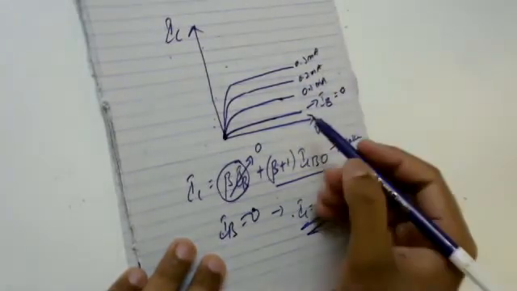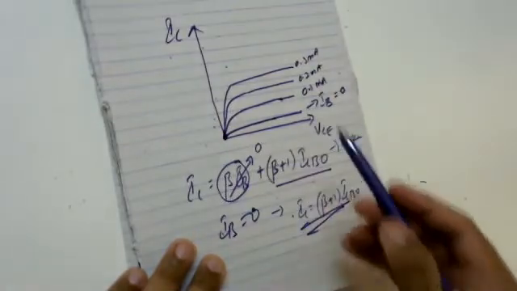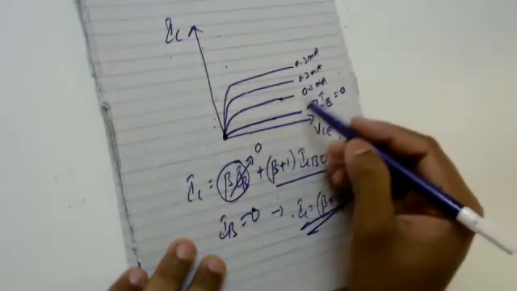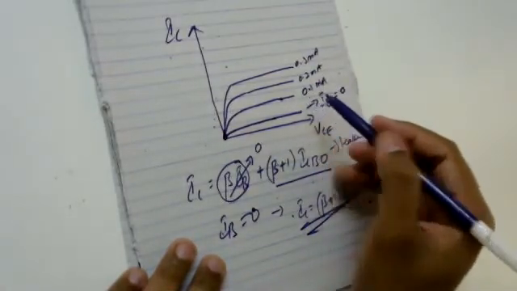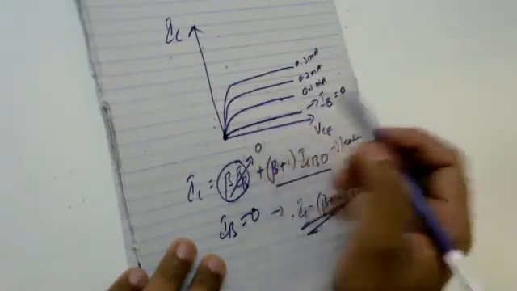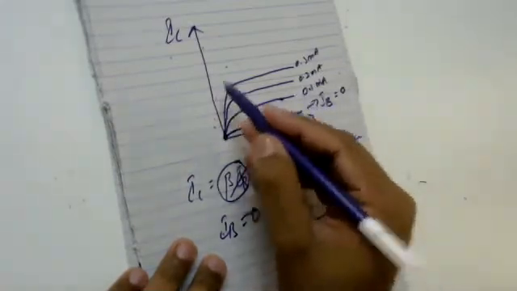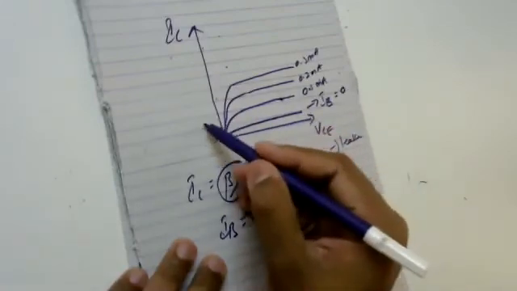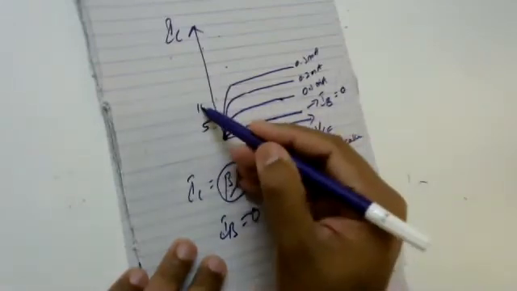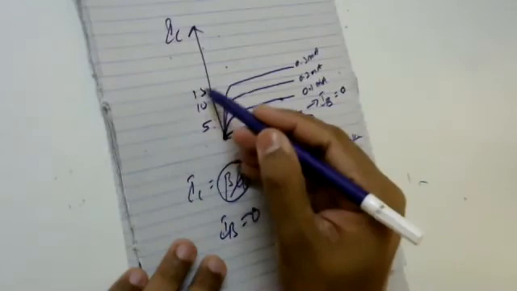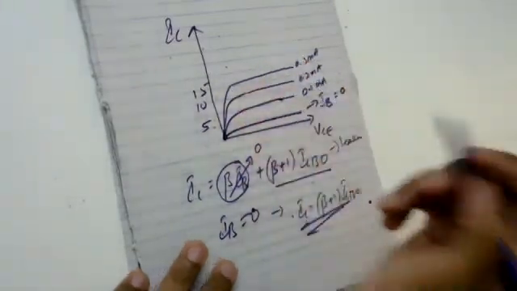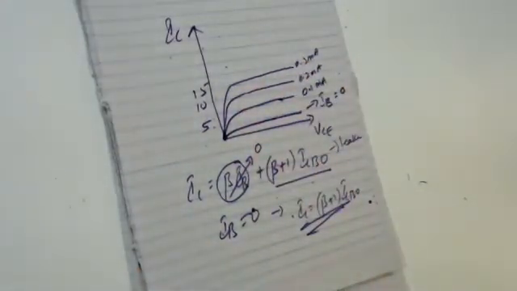Then if I take a suitable value of beta, I can simply compute the value of this IC. Let me say that this is 5, this is 10, and this is 15, something linearly I'm able to take.